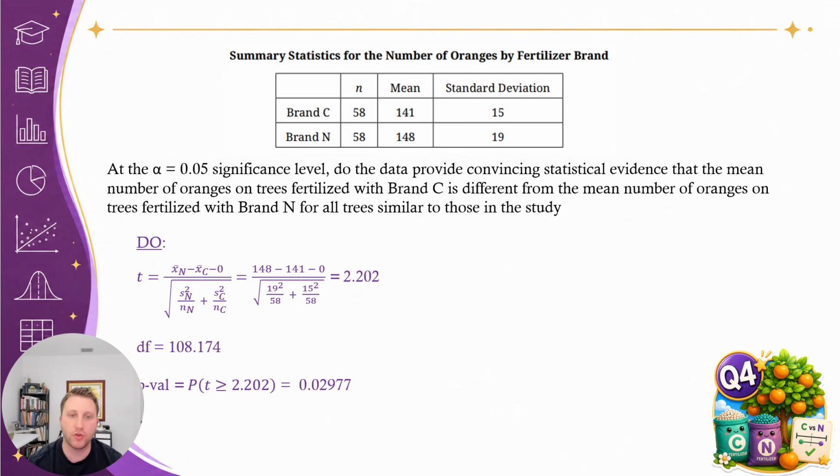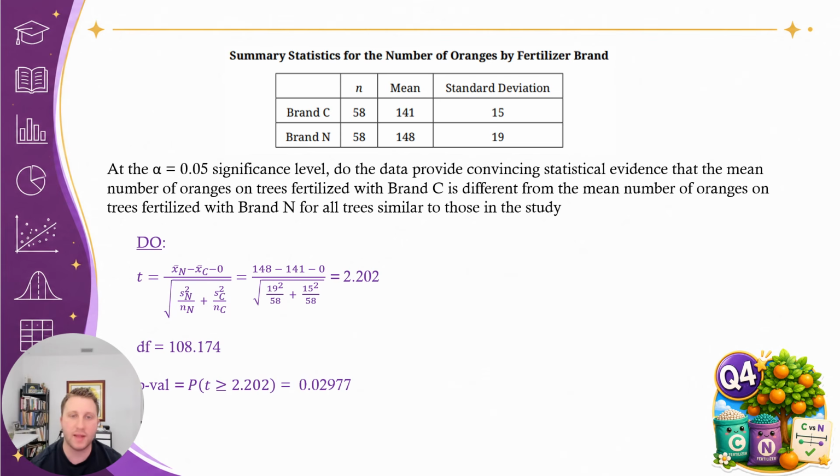Then we move on to the do step, and this is the most fun step. I showed more work than you had to here, but required as part of the do step, you needed to give the t statistic, the test statistic, the standardized test statistic was 2.202. Degrees of freedom corresponding to that test statistic are 108.174, and a p-value corresponding to that test statistic and degrees of freedom are 0.02977.